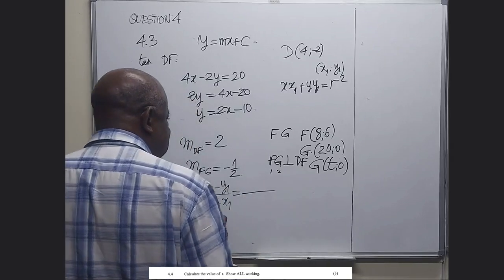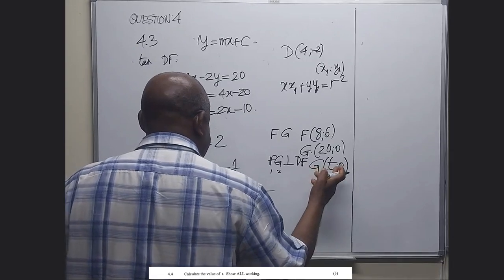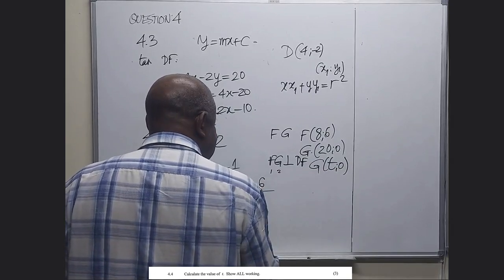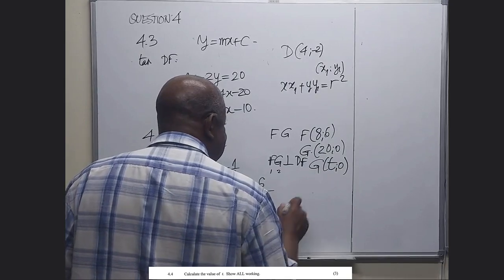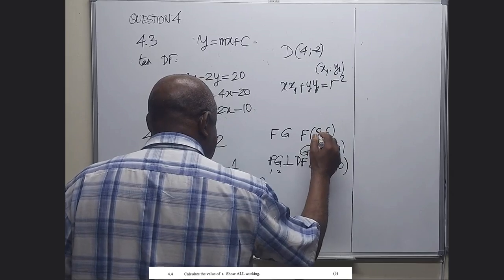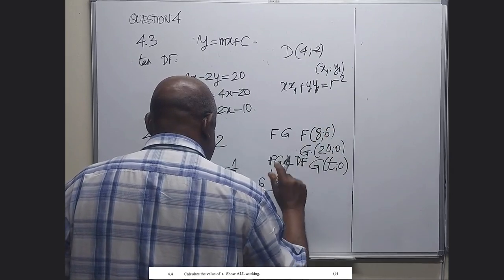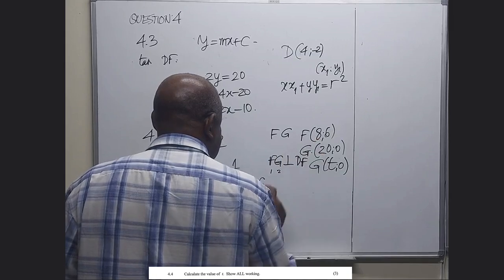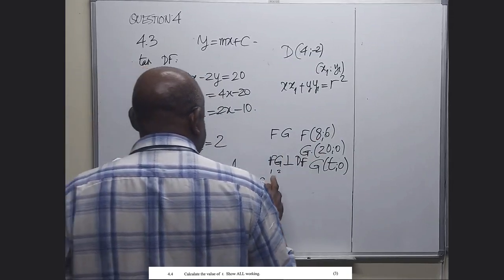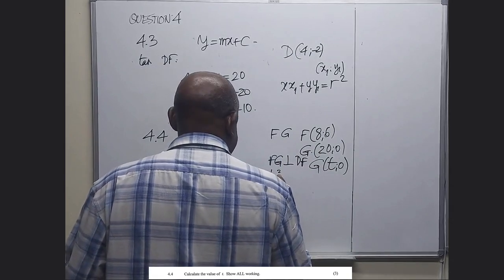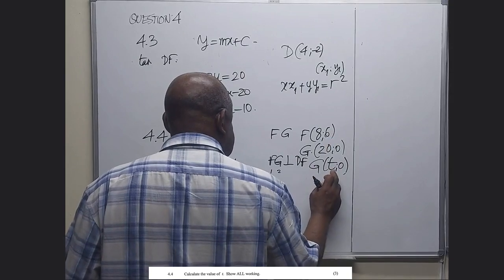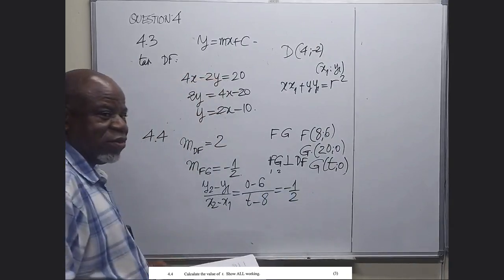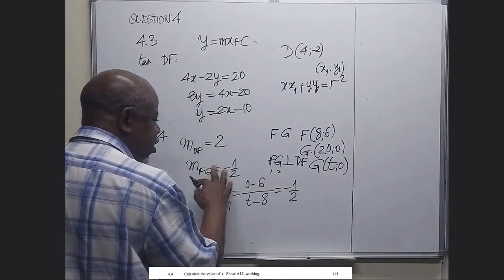So here we get 0 minus 6 over t minus 8, and this will be equal to minus 1 over 2, because minus 1 over 2 is the gradient of the radius.